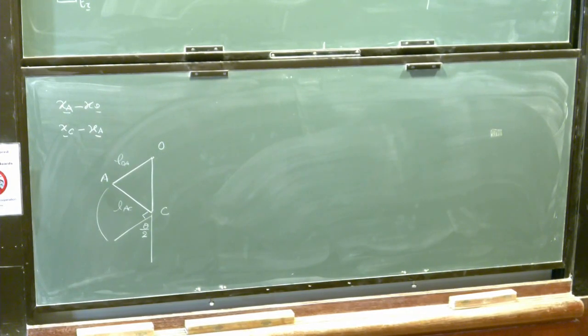Any ideas? I'm assuming symmetry. So here's 500. Any ideas? We're going to use the sine rule, the cosine rule, I think.